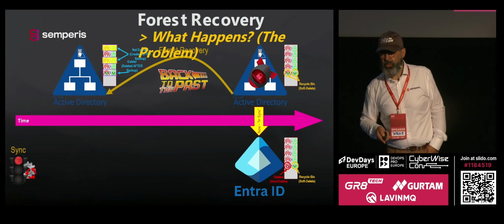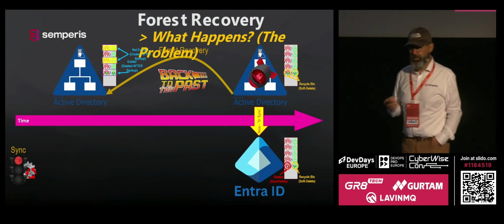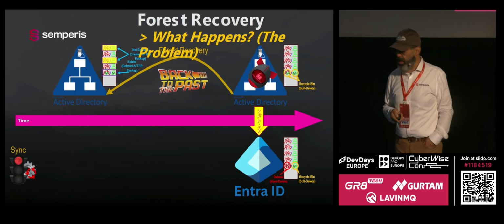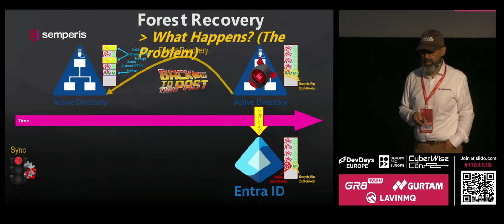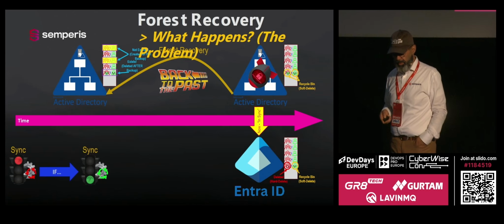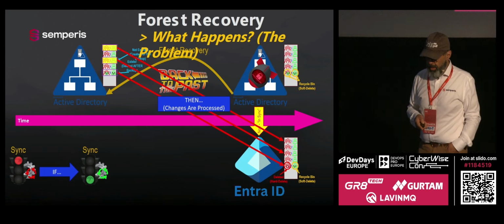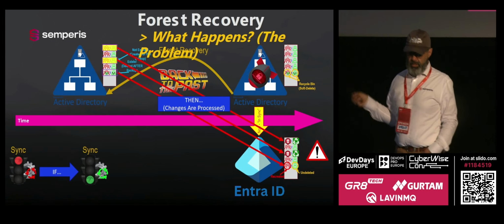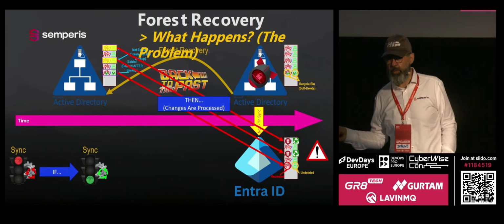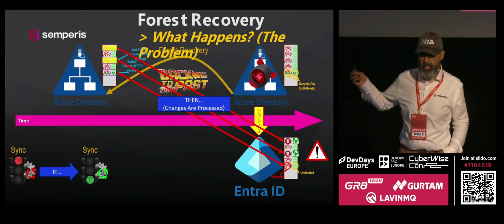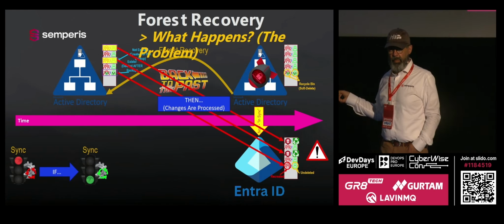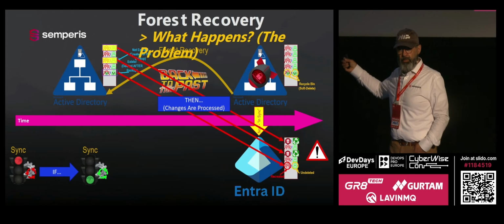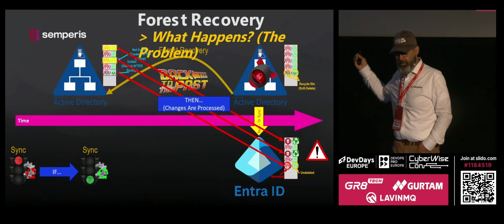Now, if you had not turned off synchronization, or if you now suddenly turn on synchronization, this is what will happen. Look at the right. The absence of the objects in your Active Directory will cause the deletion in Entra ID. And obviously for group 5 and user 5, it will re-establish the creation of those objects.